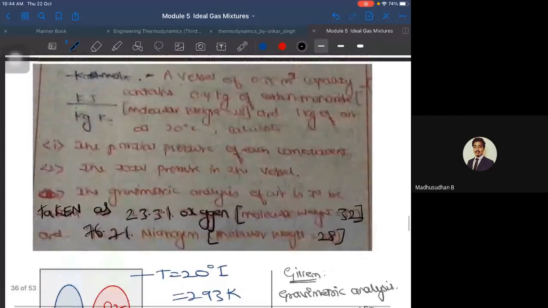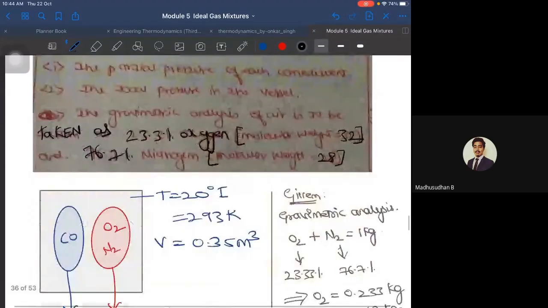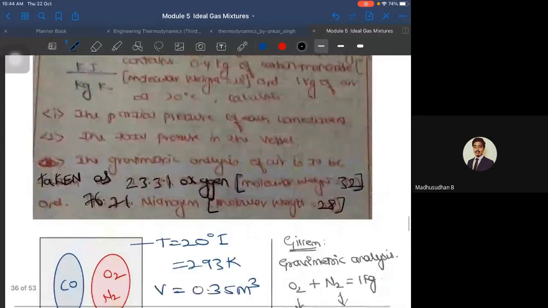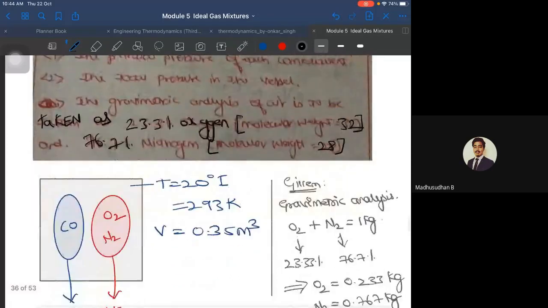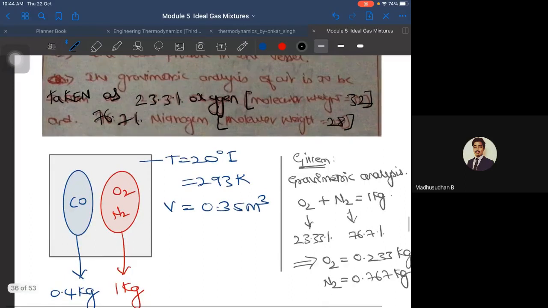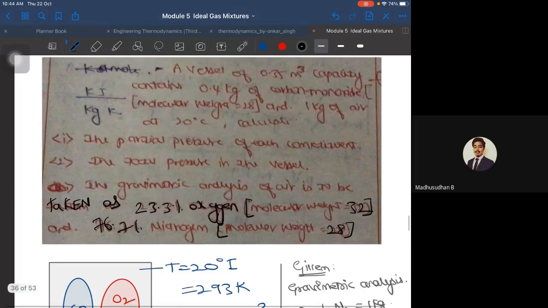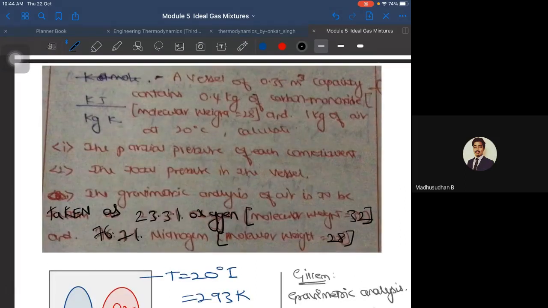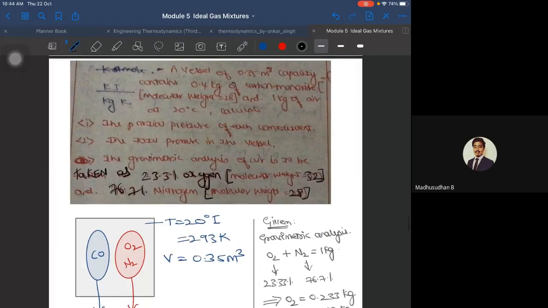a vessel of 0.35 meter cube. So the volume he has given is 0.35 meter cube.